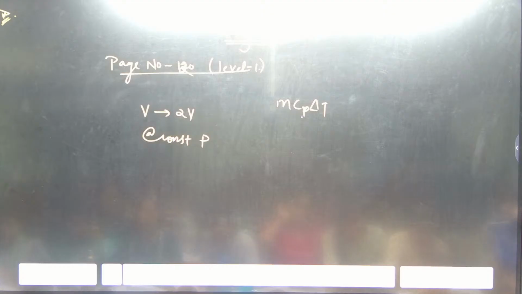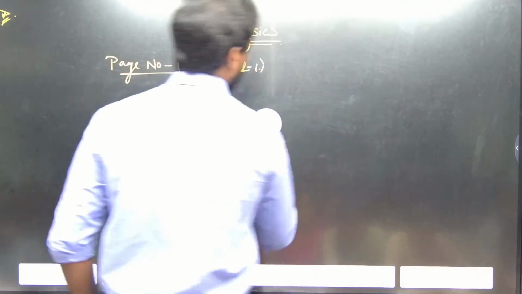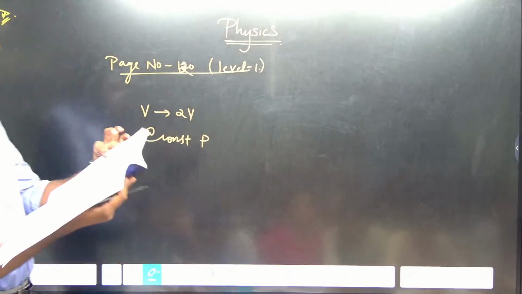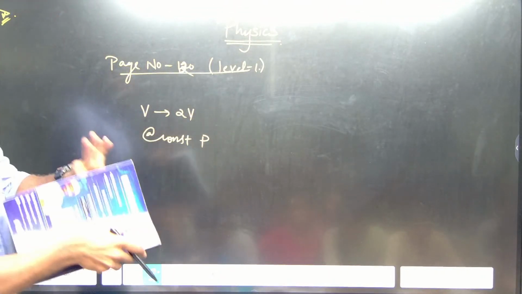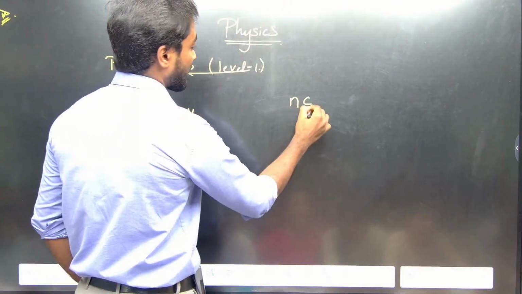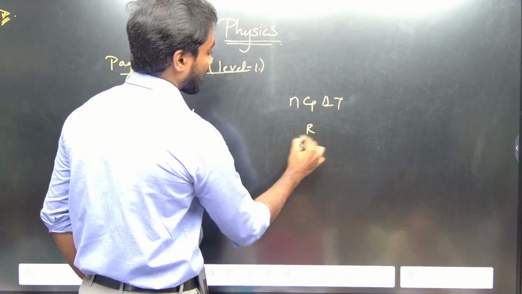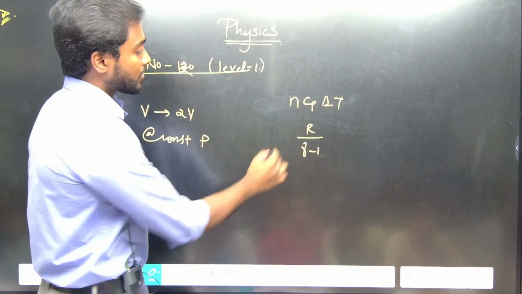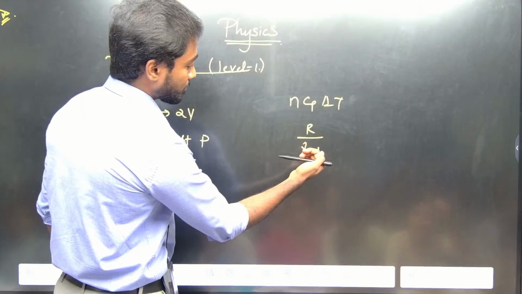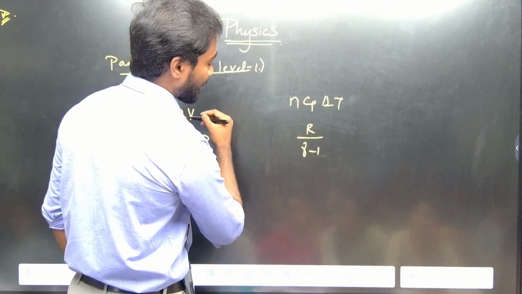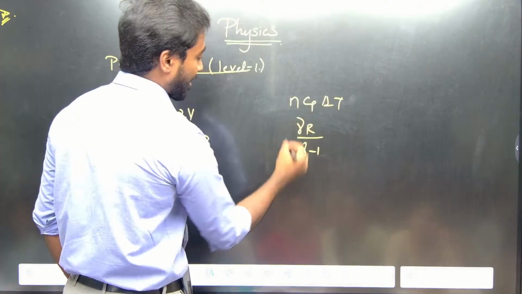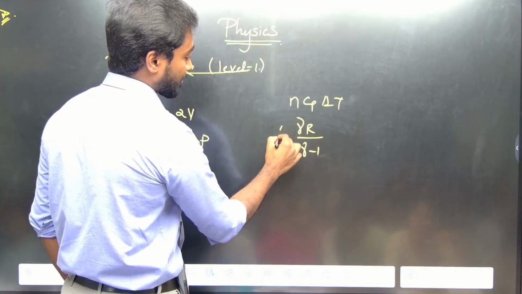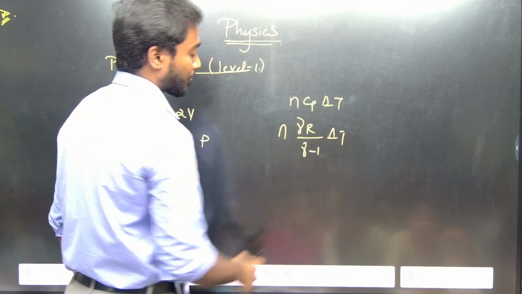So can I write like this, in terms of what they have given? Volume is changing. So n Cp delta T, so R gamma by gamma minus 1. Gamma R by gamma minus 1, and this is n and this is delta T. Okay.